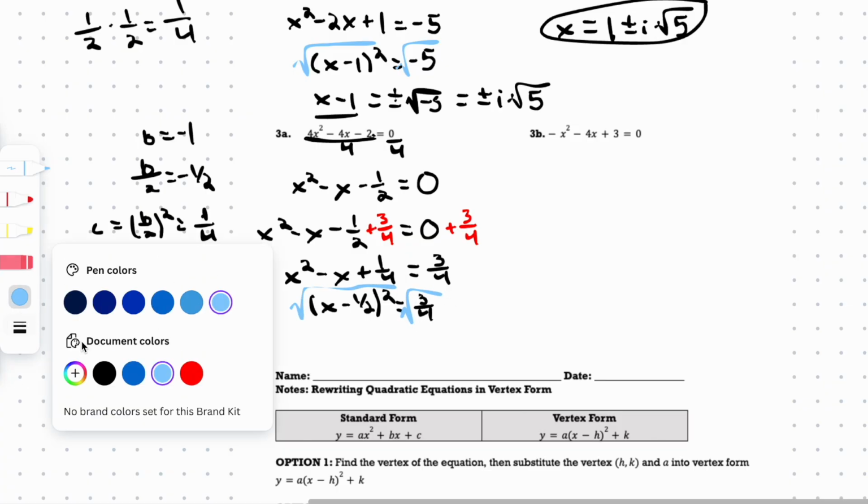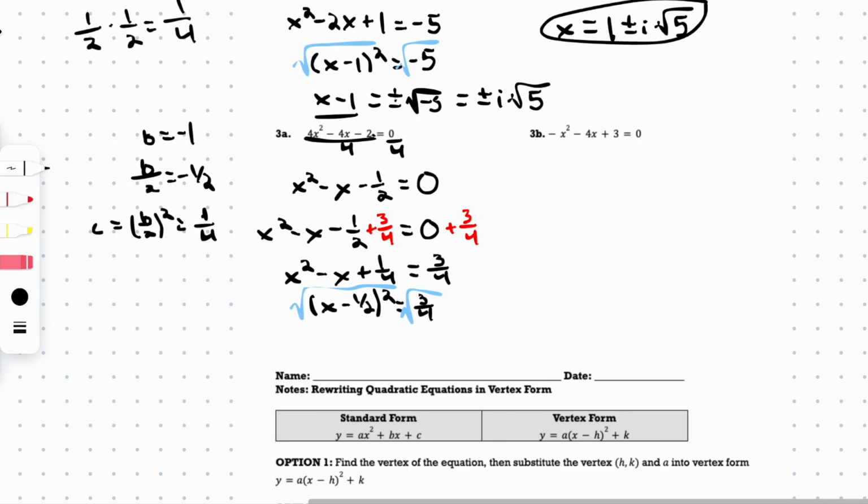then you get something along the lines of x minus 1/2 equals plus or minus root 3 over 4, which is the same as that.